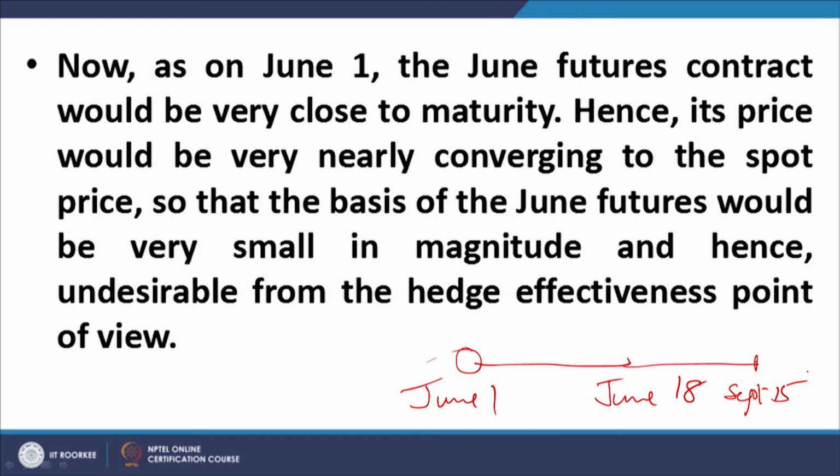And as a result of which, the randomness at this point is substantially uninhibited, and the basis could take a significant number of random values, and that implies that there is a significant possibility that the magnitude of the basis as on June 1 of the September contract could satisfy the hedge effectiveness criterion with greater probability. In other words, we could say that the basis could possibly widen as on June 1 of the September contract, and then gradually narrow down later on when it approaches September 15.